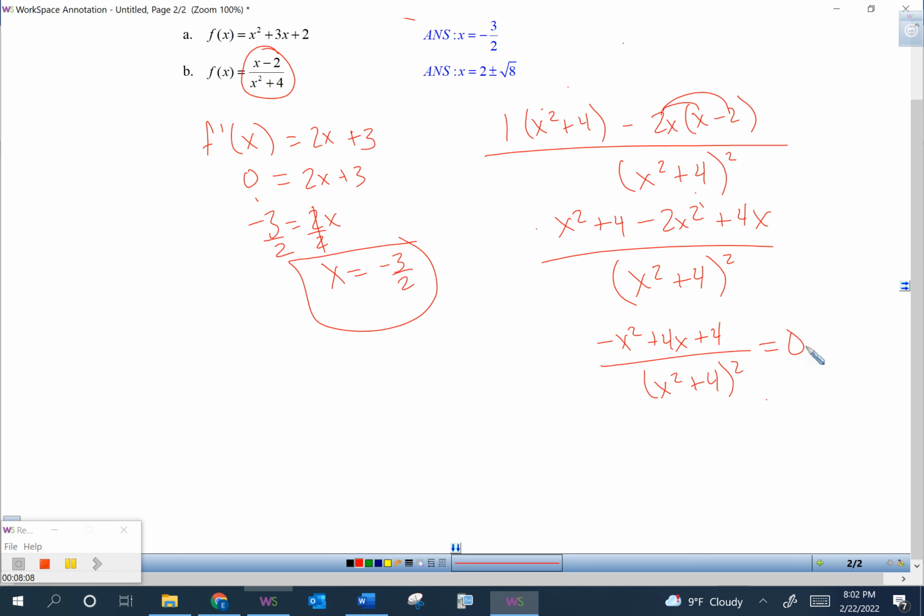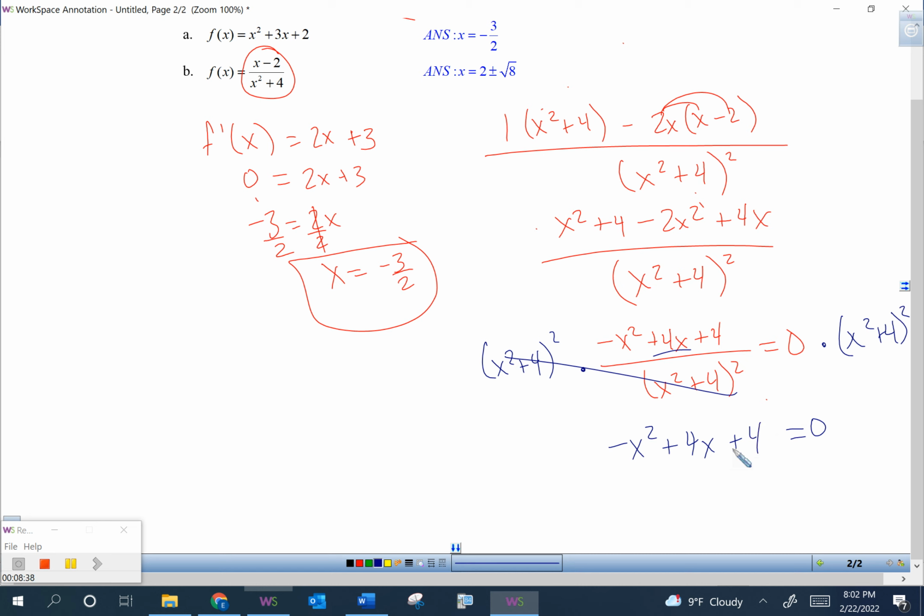Okay, we're setting these equal to 0, so if we're trying to solve this thing, we would want to multiply this whole denominator over, including the power. And when we do that, on the other side we get a times by 0, and 0 times anything is 0. Okay, so we don't need to spend time expanding that out because it's going to go away anyway. Then on this part, we've got this negative x squared plus 4x plus 4 just coming down.